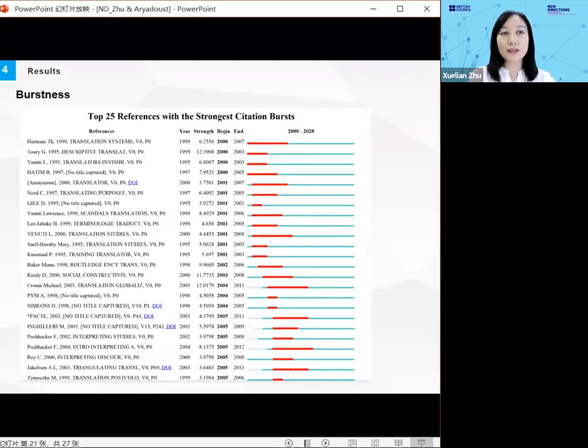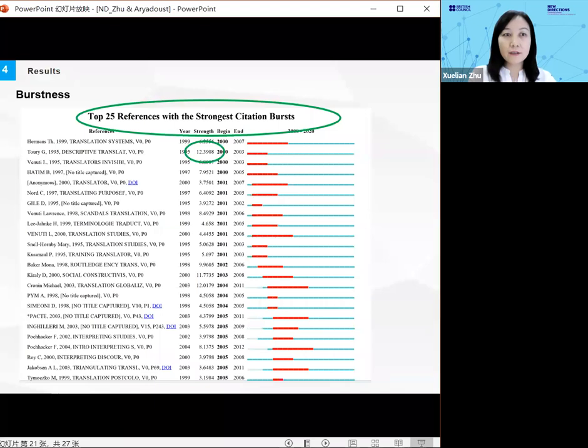Besides the time view, we also generated the burstness, which shows the strongest citations in history. For example, the second one, Toury, his work Descriptive Translation Studies, has drawn wide citation interest. Its strength reached over 12, which is really impressive. The latter part, this part on the right, is similar to the time view.